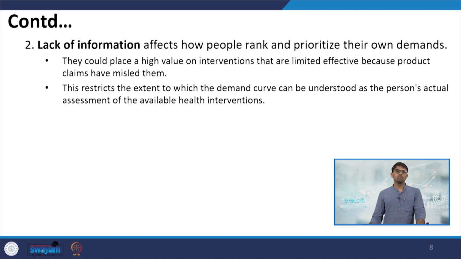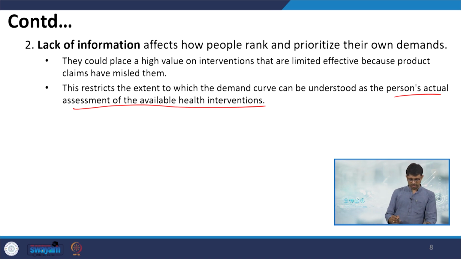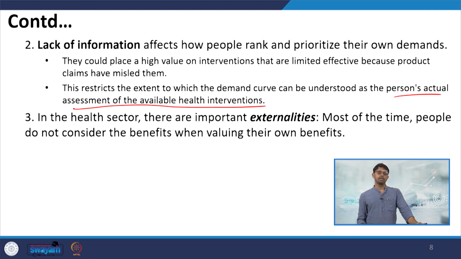They could place high value on interventions that are of limited effectiveness because product claims have misled them. This restricts the extent to which the demand curve reflects a person's actual assessment of the available health interventions. Basically, if the information is not reaching everyone correctly, then the valuation will be different.